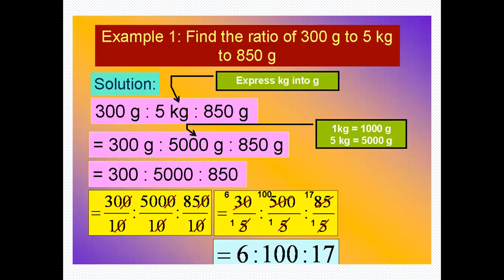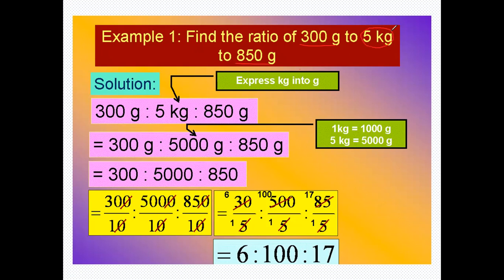Find the ratio of 300 grams to 5 kilograms to 850 grams. And remember that the ratio should be in the lowest term. As you can see, two are in grams, so we only need to convert these 5 kilograms.